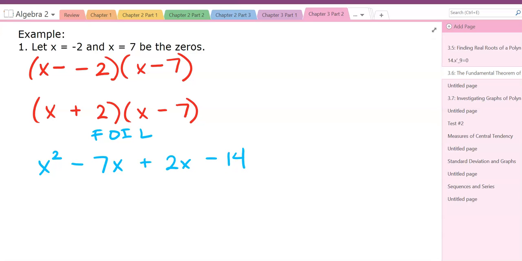Last thing I can do is combine these middle two terms, because they both are just x's, so they're like each other. So I'm going to have x squared, and then -7x and 2x is going to be -5, so -5x, and then -14.